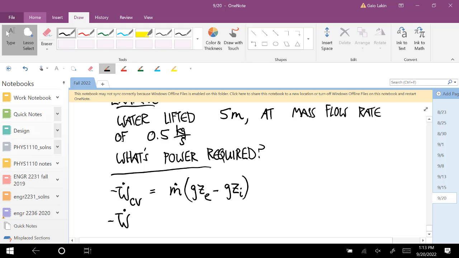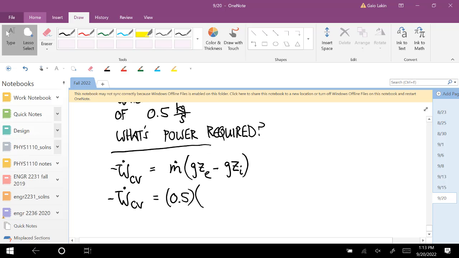So negative W dot is equal to 0.5 times, I guess I'll pull the G out too. So 0.5 times 9.81 in SI units, that's the acceleration of gravity, times 5, minus 0.